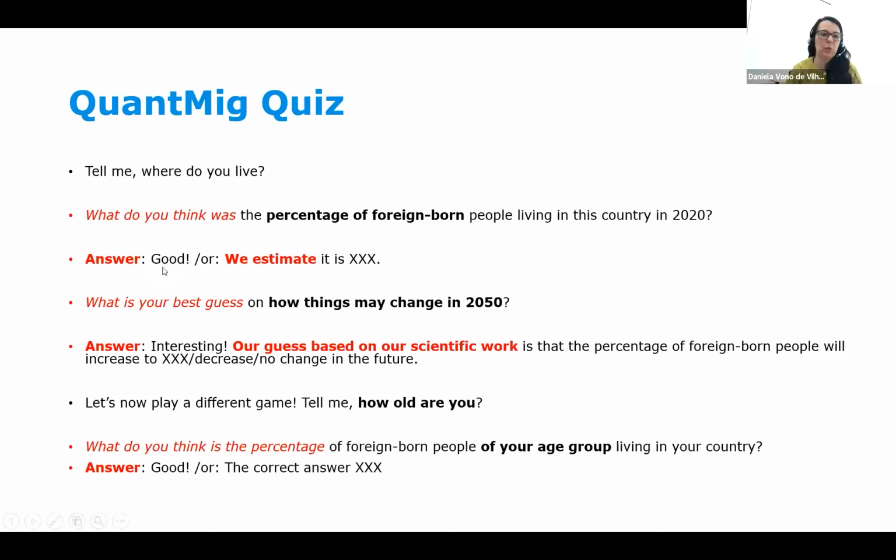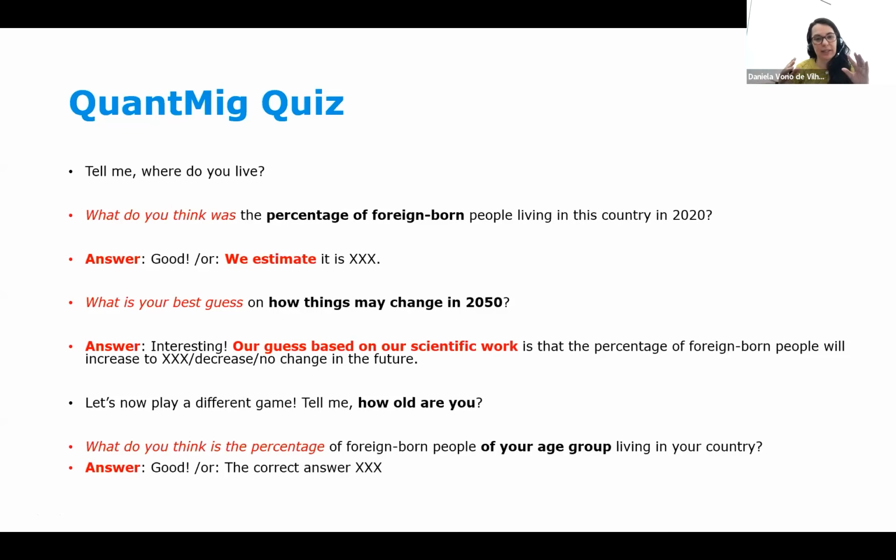Afterwards, what is your best guess on how things may change in 2050? Our guess, based on our scientific work, is that this percentage will increase, decrease, or not change in the future. So it's basically no right or wrong.